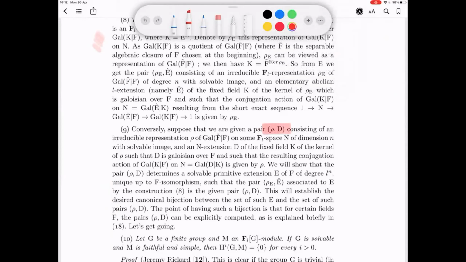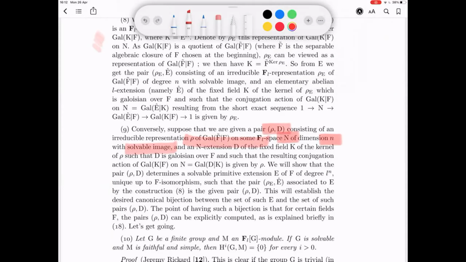So we're looking at pairs where rho is a representation of the Galois group of F tilde over F on some F_L space of dimension little n, and that space is called capital N. The image of that representation should be a solvable group.